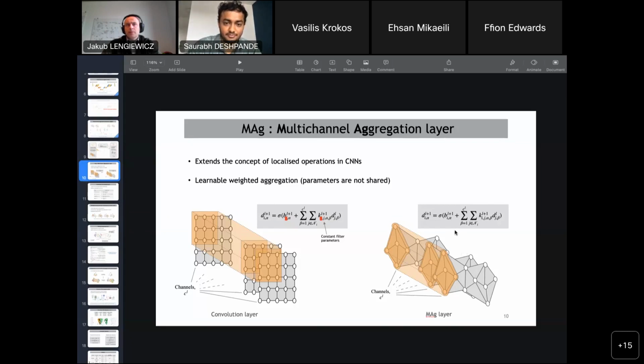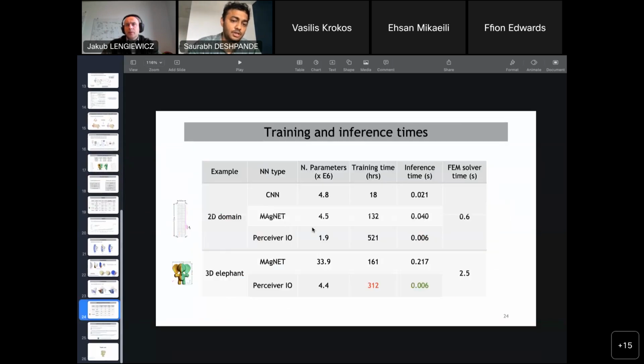Perhaps, Saurabh, maybe you could show this table with the timings at the end of the presentation. Yeah, here you can see the relative time, FEM versus neural network prediction time. For the 2D domain, this ratio is lower than for the 3D problem.